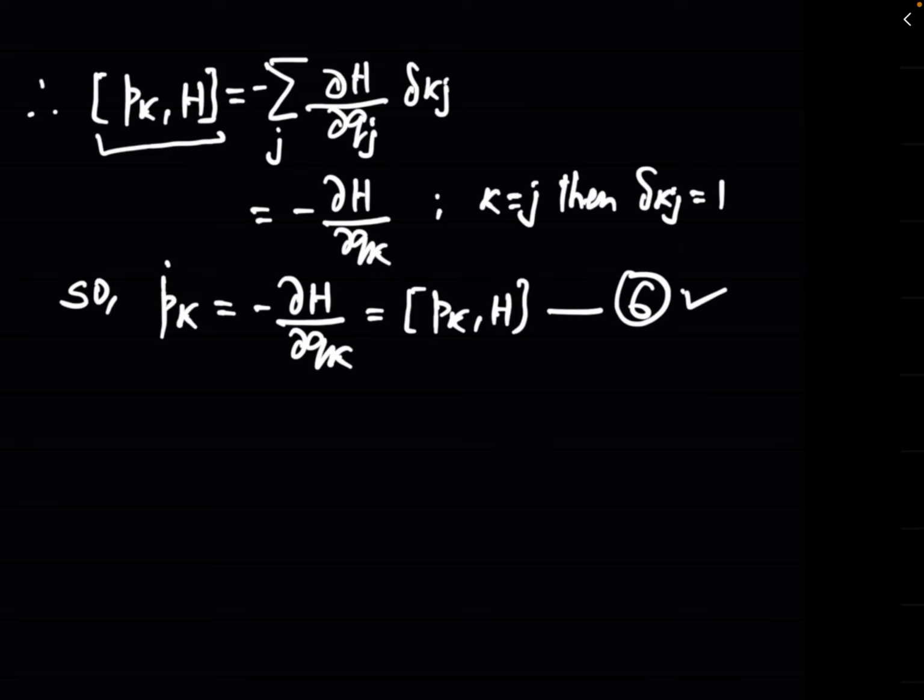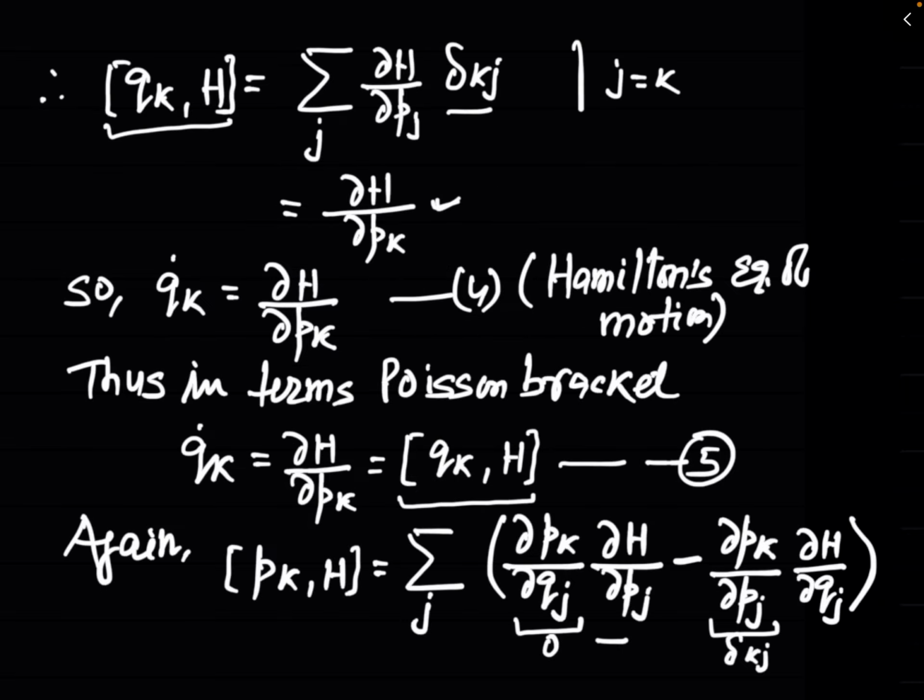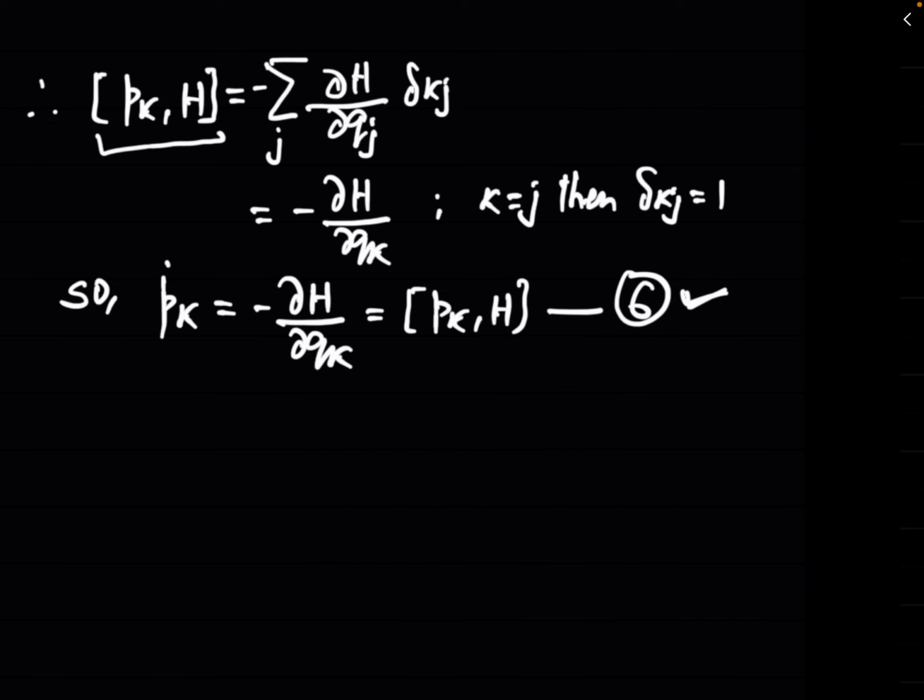So in this way you can see we have obtained the equations of motion defined in equation 5 and equation 6 in terms of Poisson bracket.